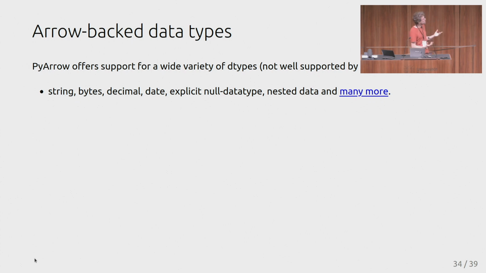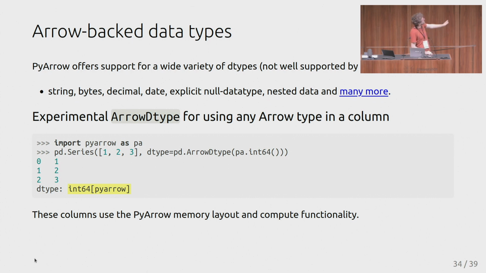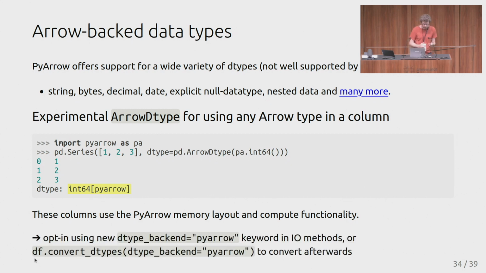So there's a whole lot more that we can integrate into Pandas. There is already an experimental Arrow dtype that can store any possible Arrow data type. You can opt in using those methods, but that's much more experimental. That's still actively being developed to integrate those additional data types into Pandas.